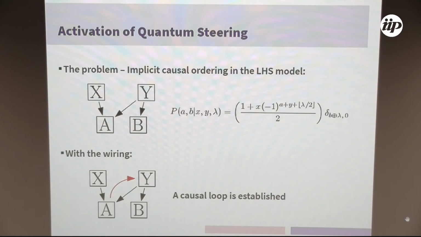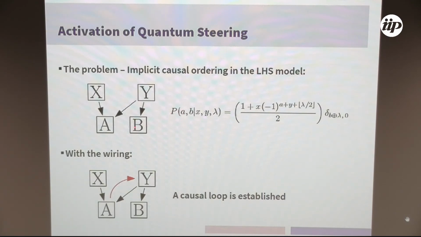Here, if I sum out this B variable, we eliminate this delta, and the remaining probability, which is like the marginal probability seen by this party, would still depend on Y. So it would still depend on the choice made by the second party on the black box.